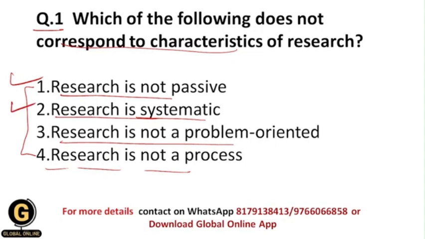It means that research is solution oriented, because we already have the problem and we need to solve that problem, and for that process we need research. That's why research is basically solution oriented, not problem oriented, and again this is a characteristic of research.